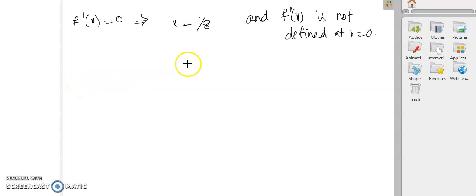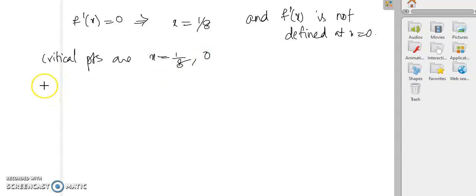So the critical points are x = 1/8 and 0.